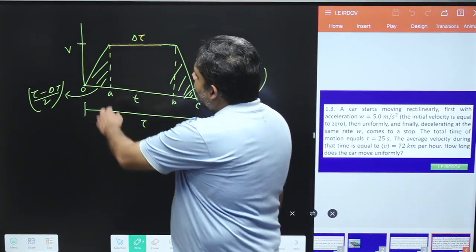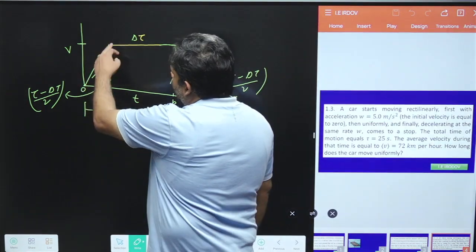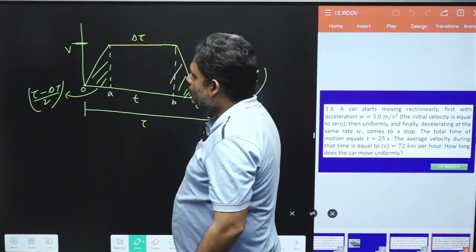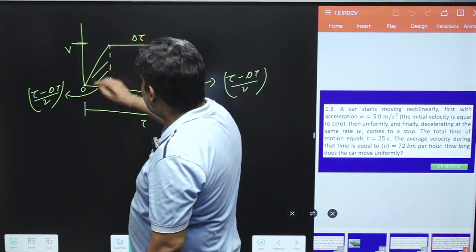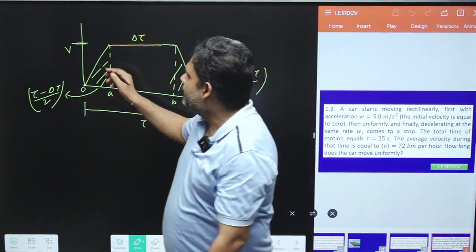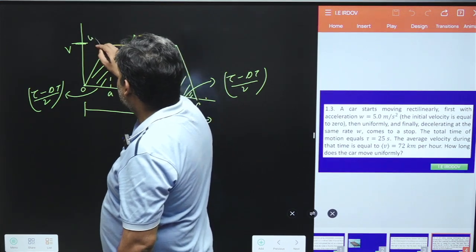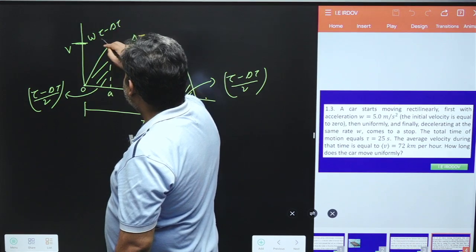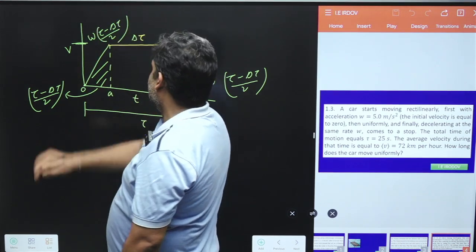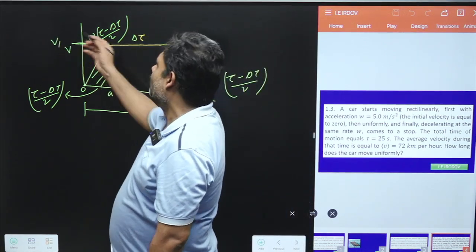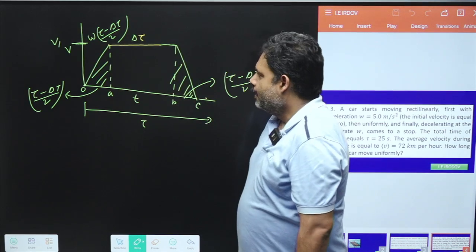Once we have this time and we know the acceleration, we can find the velocity. The velocity at the end of this time, tau minus delta t by 2, is W times tau minus delta t by 2. Wonderful. Let us call this velocity V1.